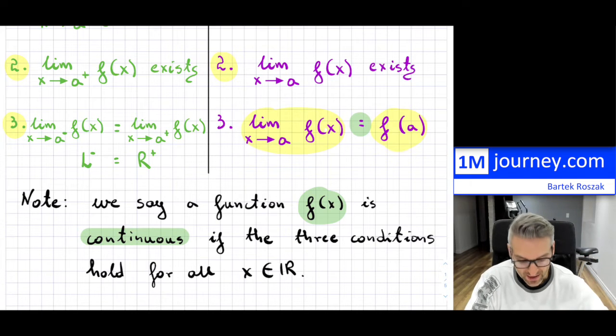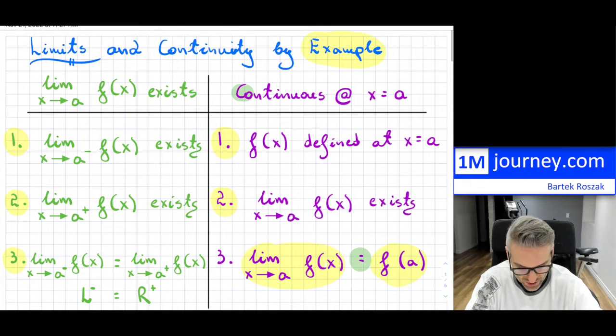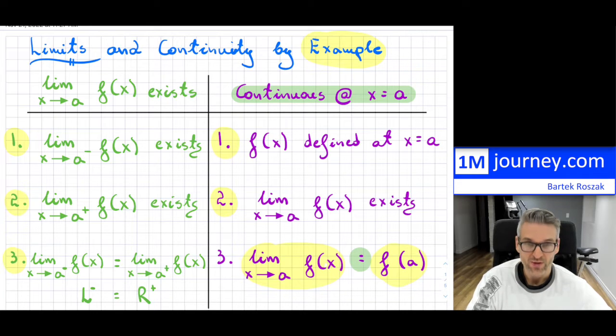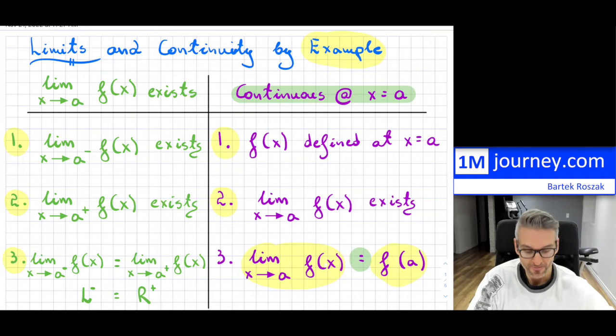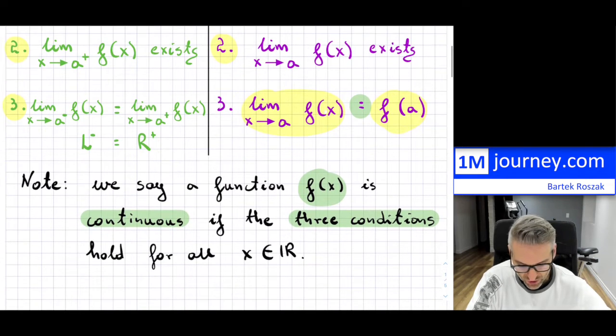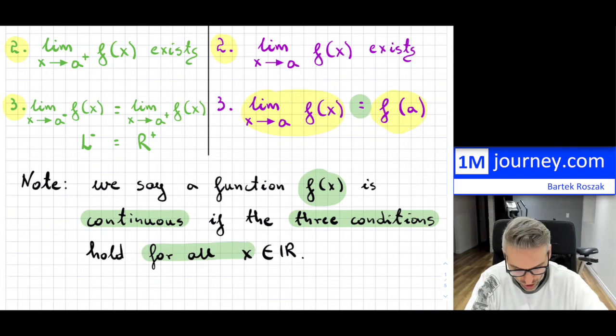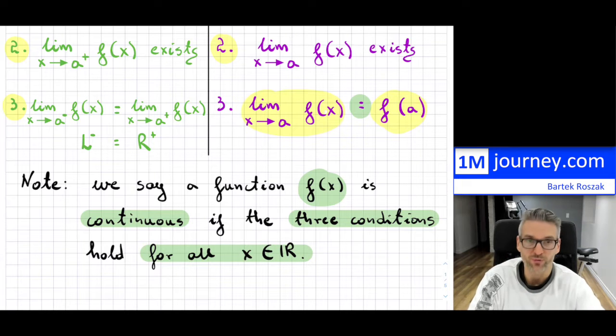It means that the three conditions we outlined for continuity, these three conditions here on the right-hand side, which only hold for one point, x equals a, hold for all of x on the real number line.